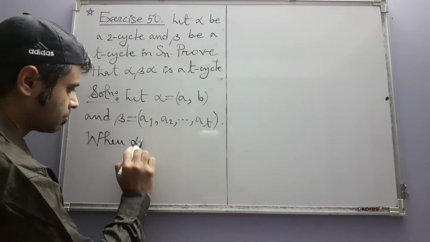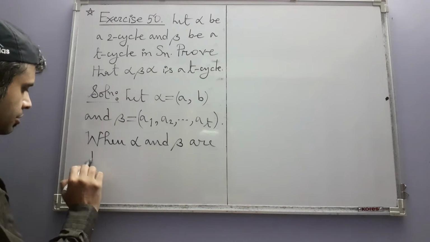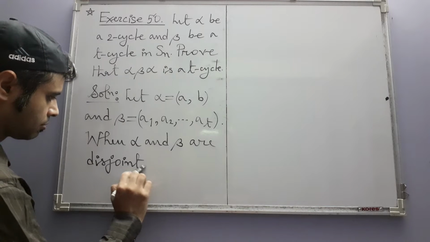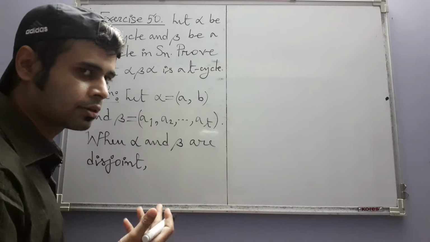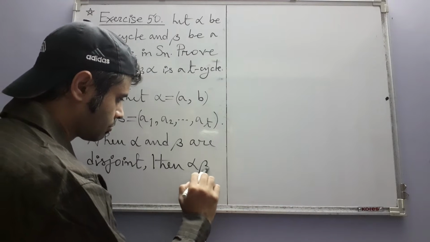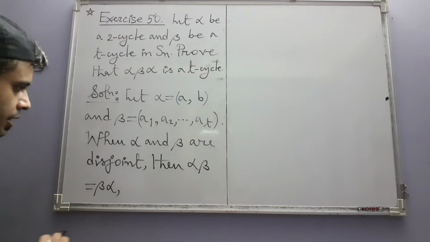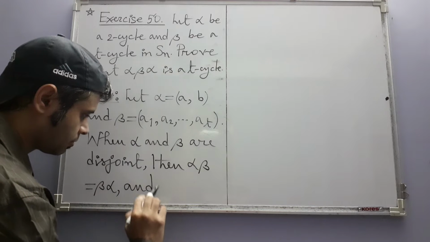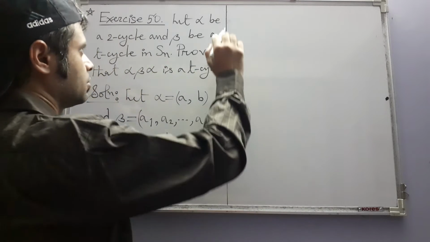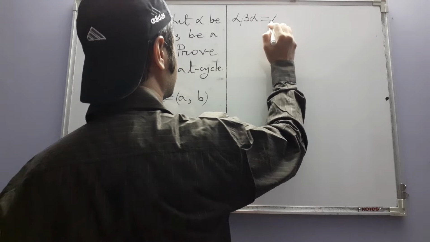When alpha and beta are disjoint, then we know that they commute, alpha beta is equal to beta alpha, and hence alpha beta alpha will be equal to beta.